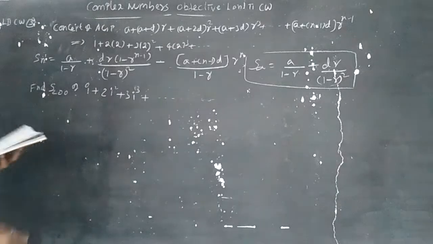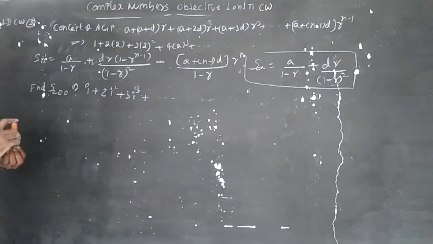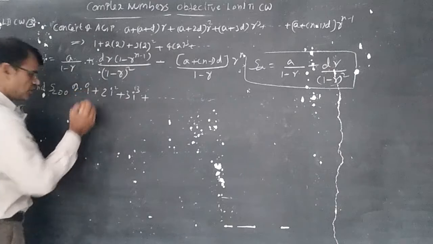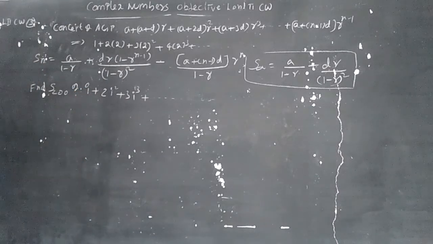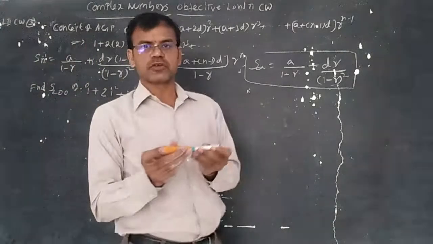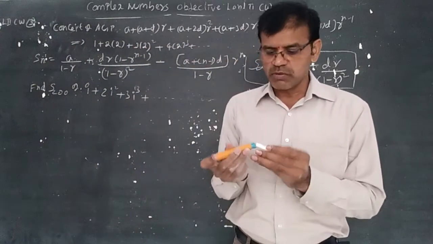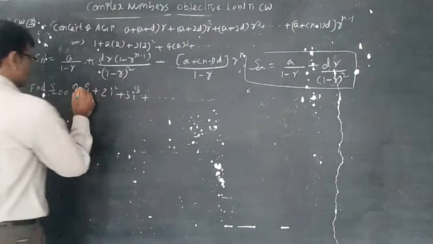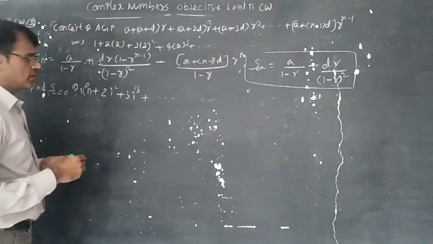Up to 200 terms we need to calculate. Yes, this is an AGP. Here you can understand this is 1 into i, plus 2 into i square, plus 3 into i cube, like that. So 1 into i, here a is equal to 1, r is equal to i.